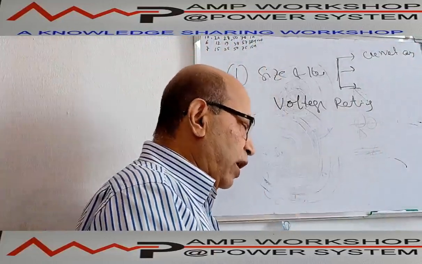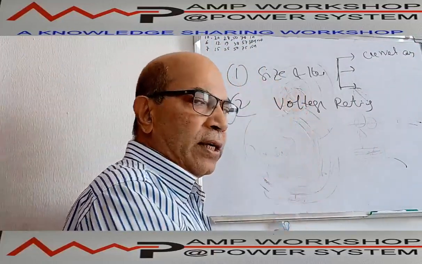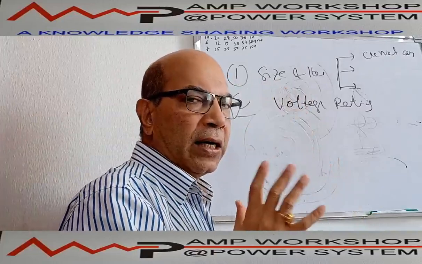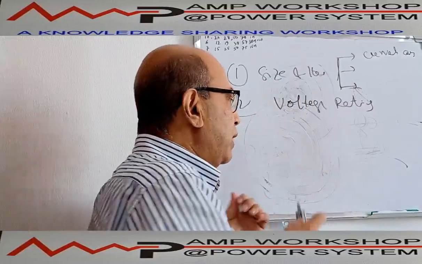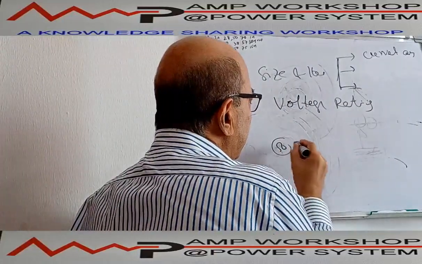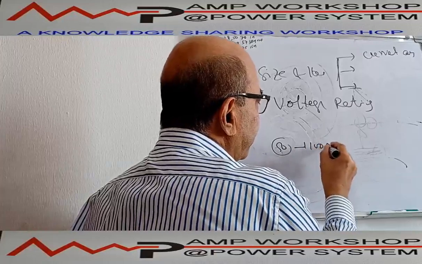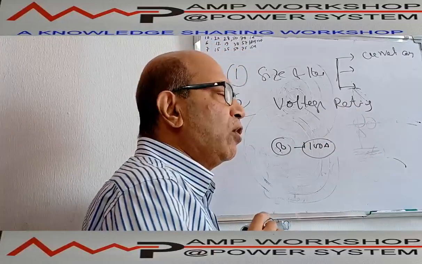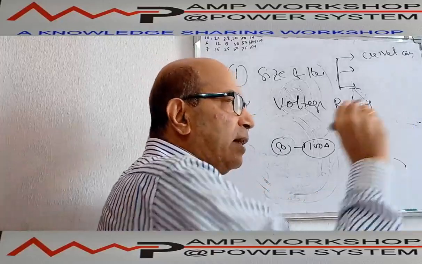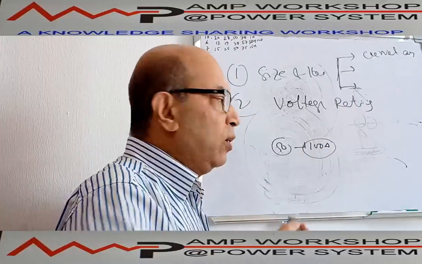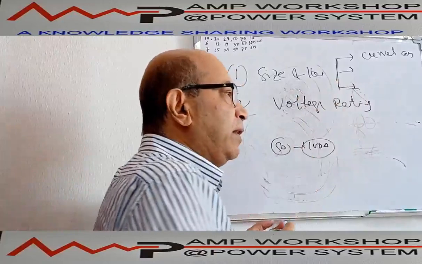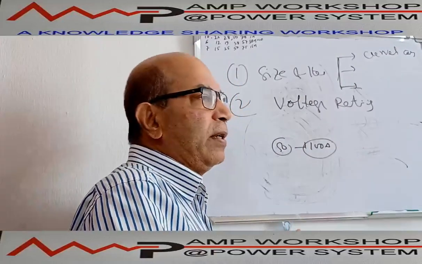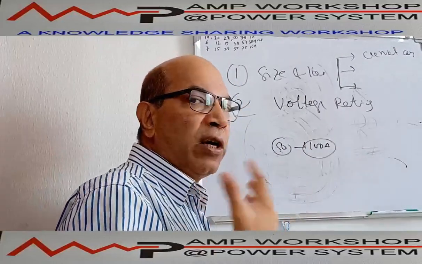Second part, we have to check with this continuous current. Suppose a particular cross section, a 50 square millimeter cable, is carrying 100 ampere current. Now it can carry this for a small length, but current carrying capacity depends on another parameter, the voltage regulation.